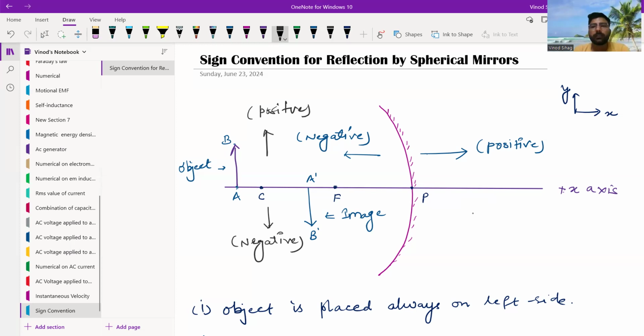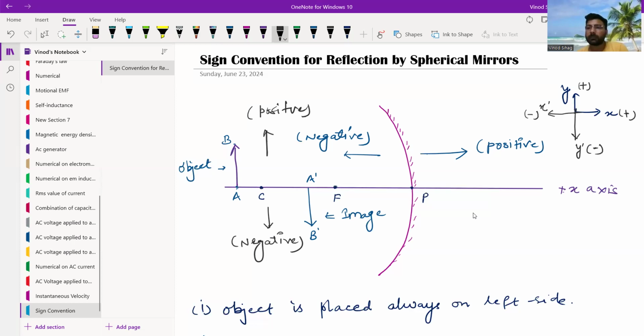And one thing I'll tell you, you can compare it with the Cartesian coordinate system, that is the XY coordinate system. The hint is you can take the whole Cartesian coordinates like this one. Then this will be the positive side of the x-axis, and this will be the negative side of the x-axis, which we call x dash. And here it will be the positive side of the y-axis, and here the negative side of the y-axis.